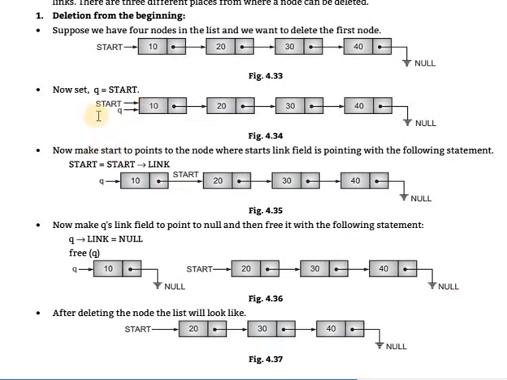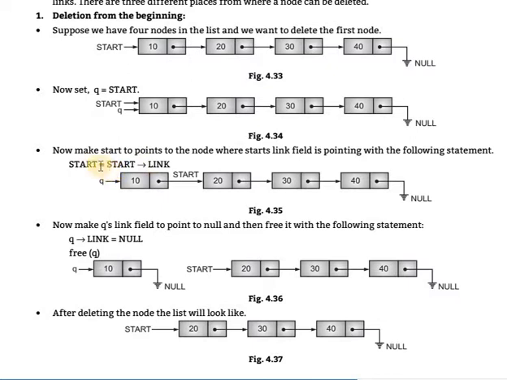After that, initialize q as start. Now make start point to the node where the start link field is pointing, with the following statement: start = start->link.